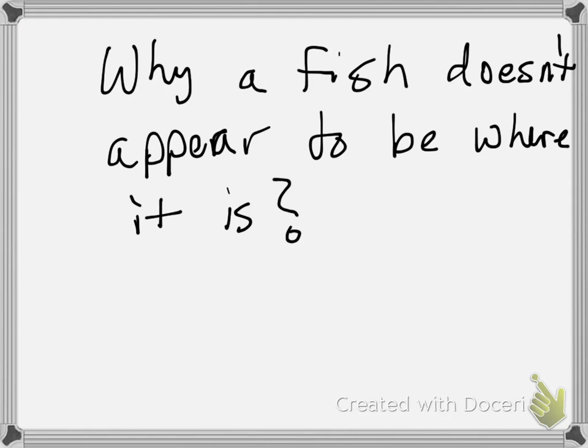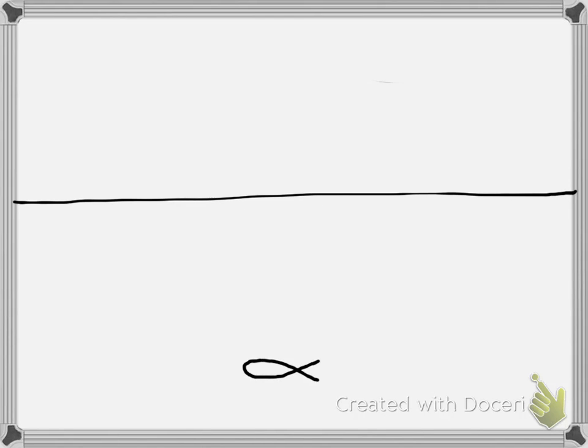And let's discover why. So, let's say that we have some water. Let me lower that just a little bit. I'll want some space up here. So imagine we have some water, all right? And here we have a fish, okay?